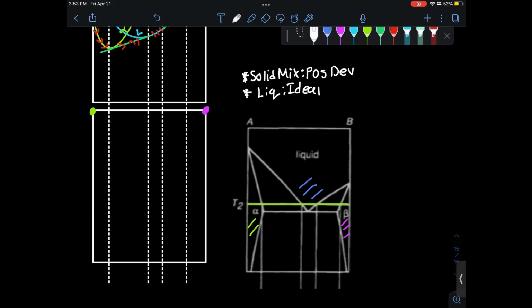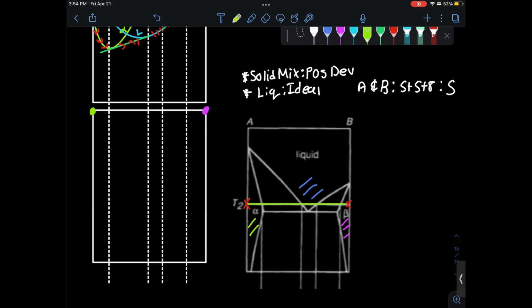Now we have to state standard states for both A and B. We know since A starts as a solid and B starts as a solid, we can say A and B both have standard states of solids.